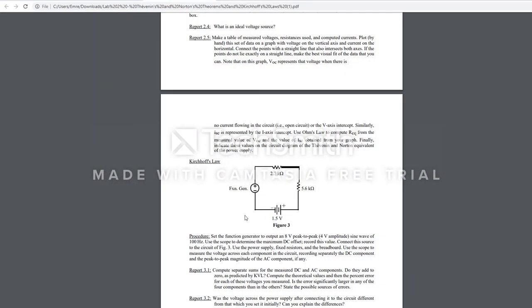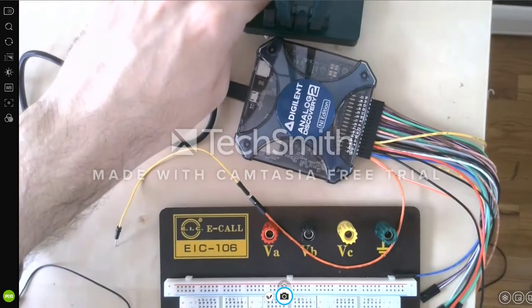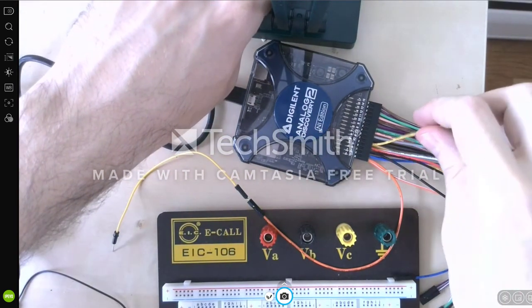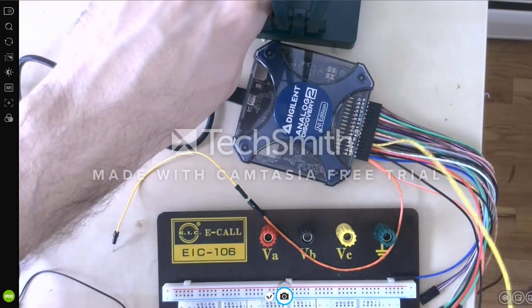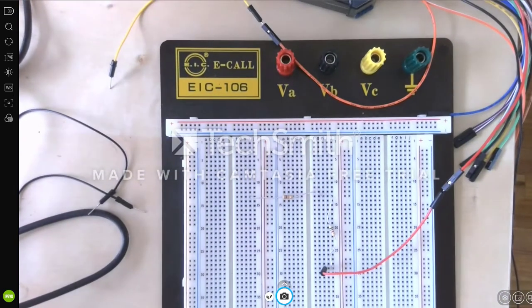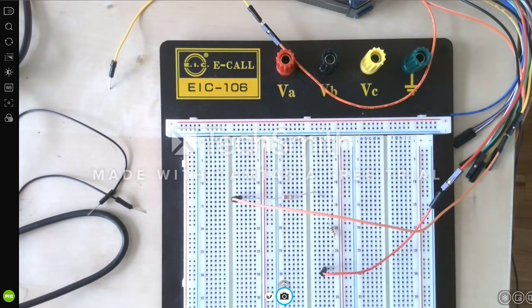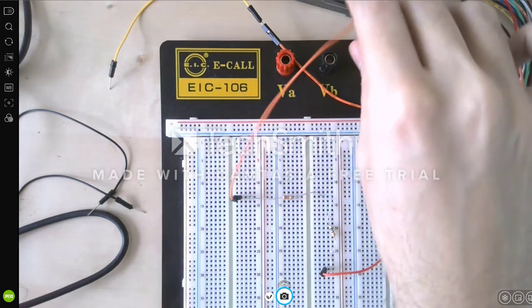And I'm connecting the AC supply, the function generator, before the 2.7K. So it's the W1 channel, W for waveform. And we are connecting it here. All right, that's pretty much the circuit.